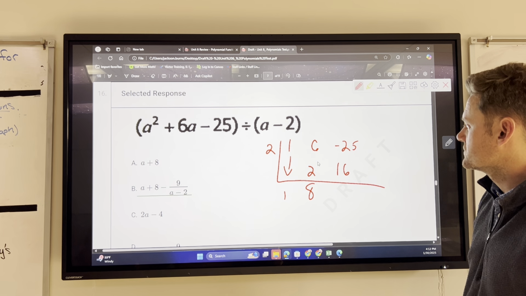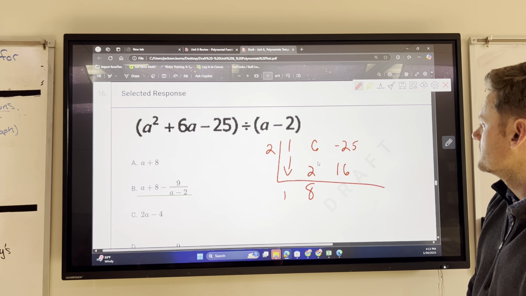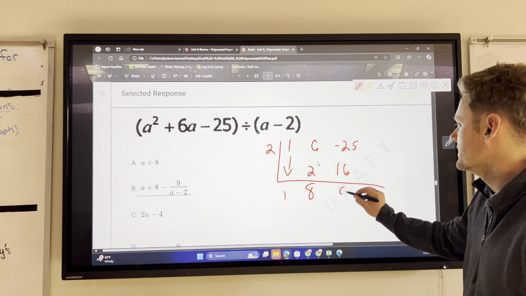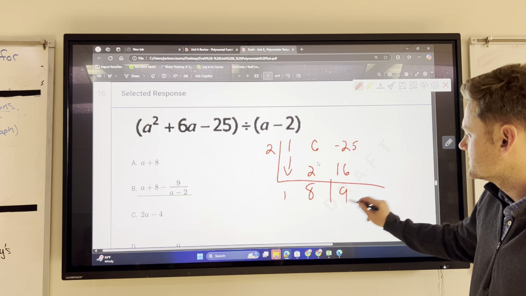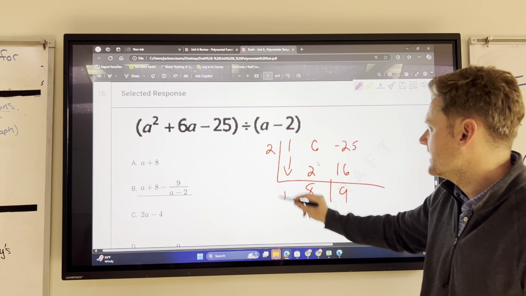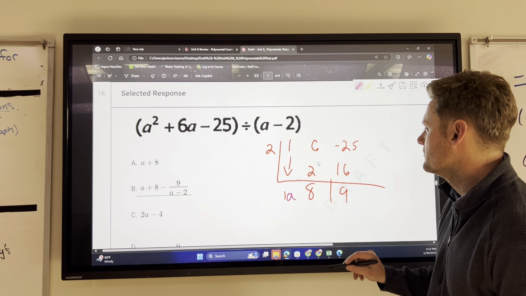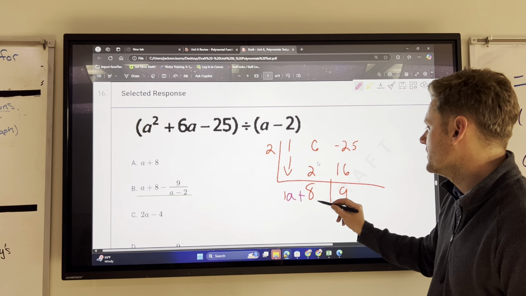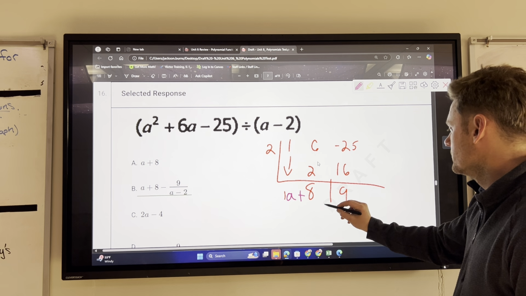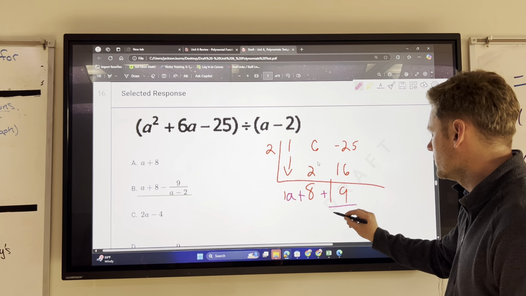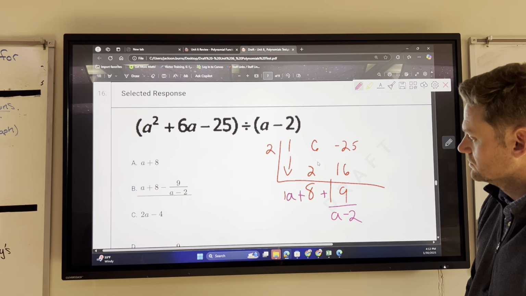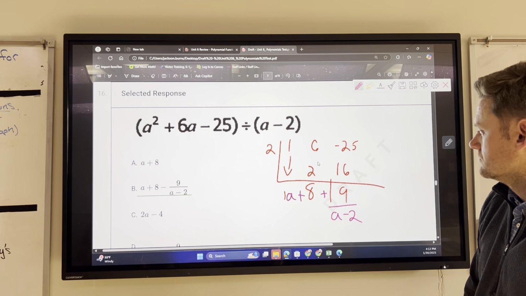All right, negative 25 plus 16, you get 9, right? That's going to be my remainder. When I add my x terms, it's always one less, or my a terms in this case. So I'm going to get a plus 8, right, plus 9 over a minus 2.